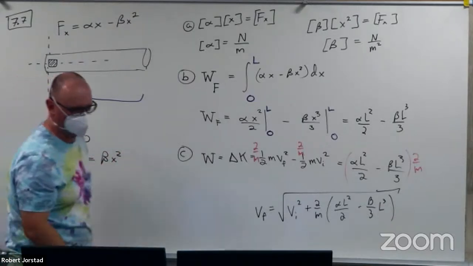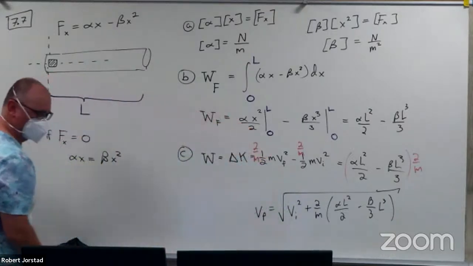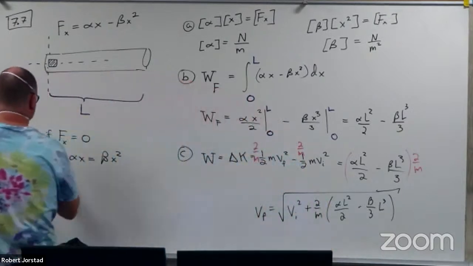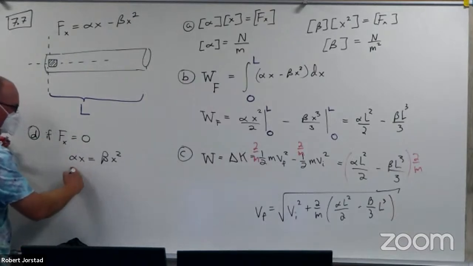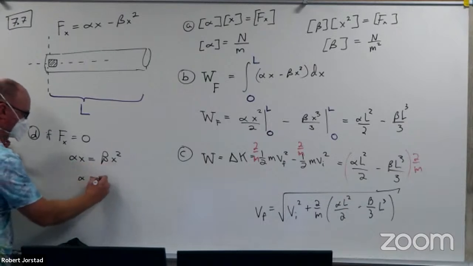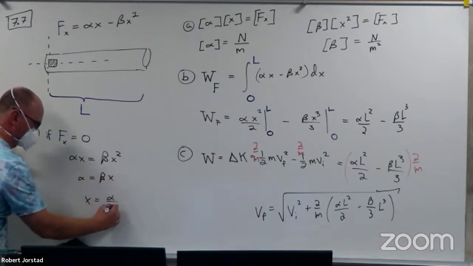By the way, this is part D. At what point is there zero force? Well, at this point, if we have alpha x and beta x squared, what do we get? Alpha equals beta x. x is something like alpha over beta.